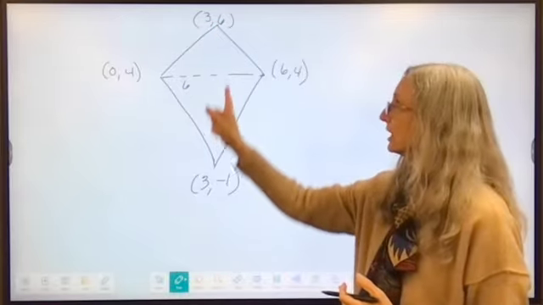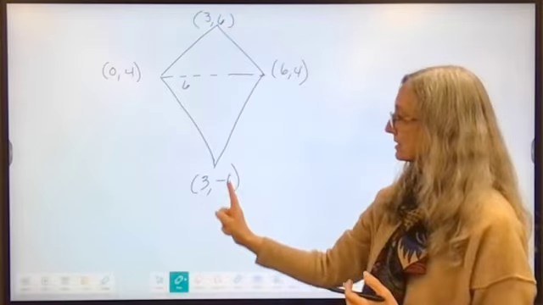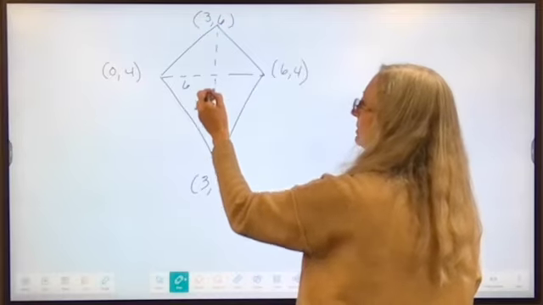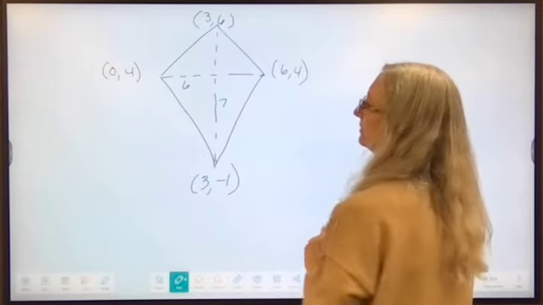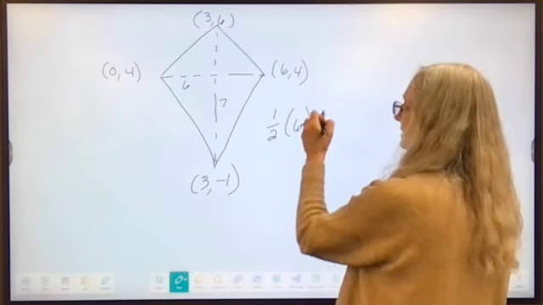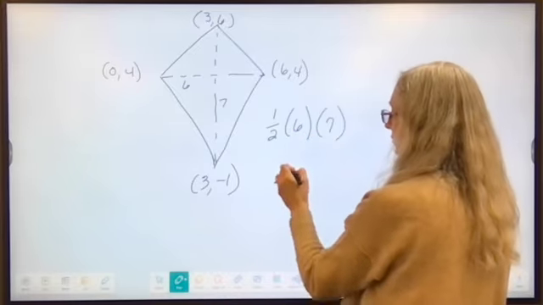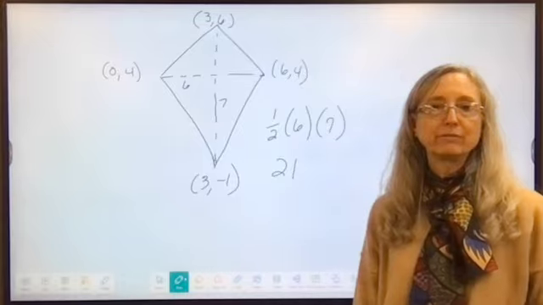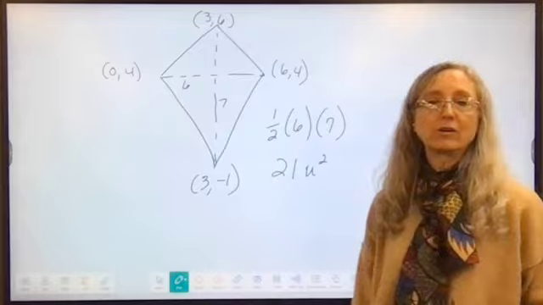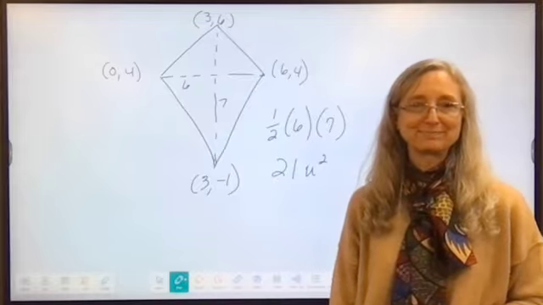My 3's don't change, but my y's go from 6 to -1. That diagonal is 7 units long, so this whole diagonal is 7. So it's 1/2 times 6 times 7, or 21, because it's half of 42. So 21, I don't know what the units are, 21 square units.